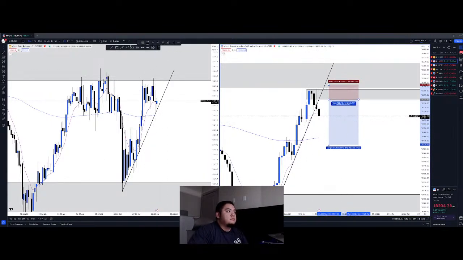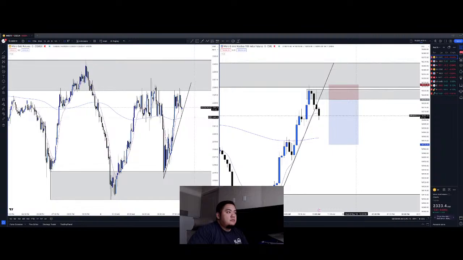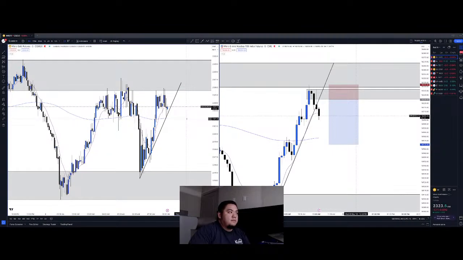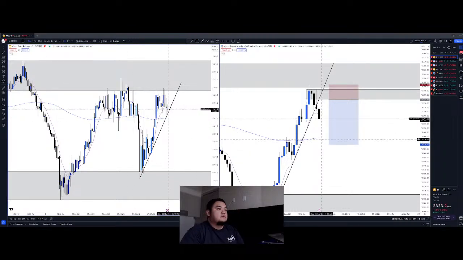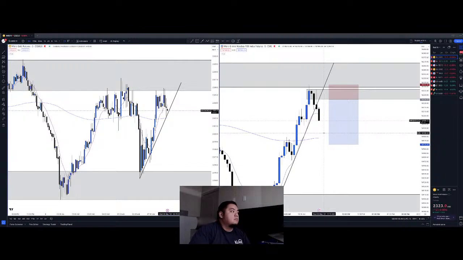I believe if gold breaks right now, it's going to drop down much further, just because we have been bearish overall. So overall, we were bullish, and then we had trend line break, and we kind of retested that trend line break area, and I believe now we should be heading down, dude.